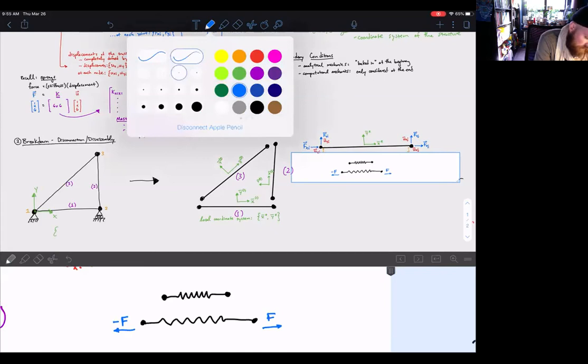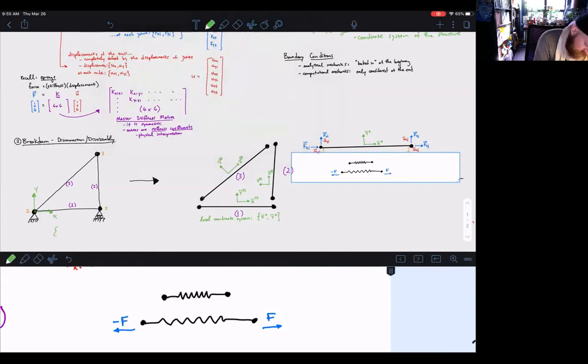So let's say here we have some initial length between those 2 nodes of L. Then we'll have some kind of displacement here of D. Then our relationship here is that the stiffness of each member has an equivalent spring stiffness, Ks, that is written as EA over L. This is what's referred to as the equivalent spring stiffness.